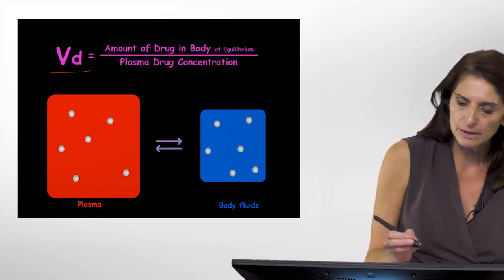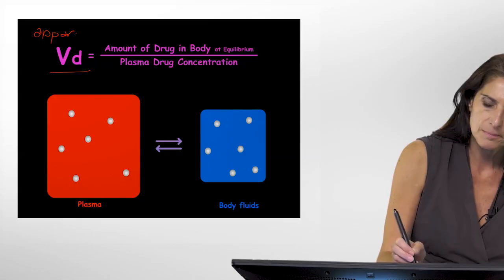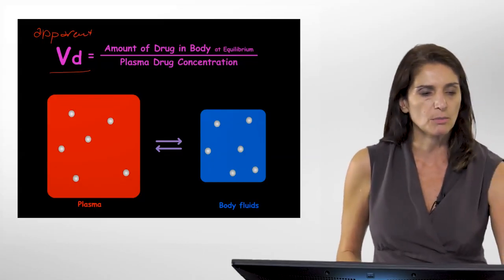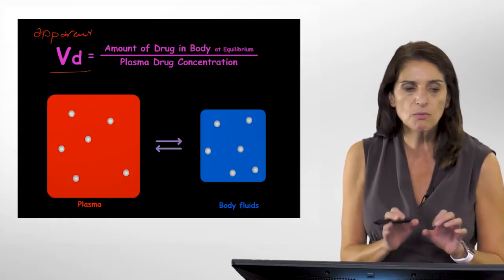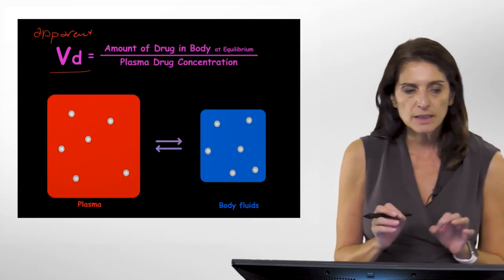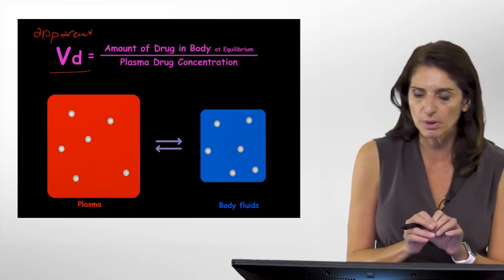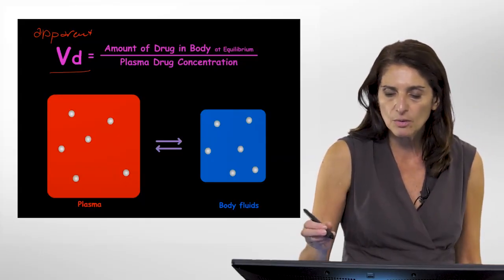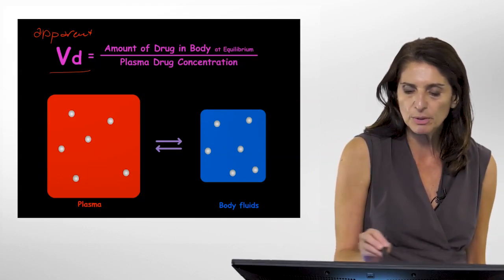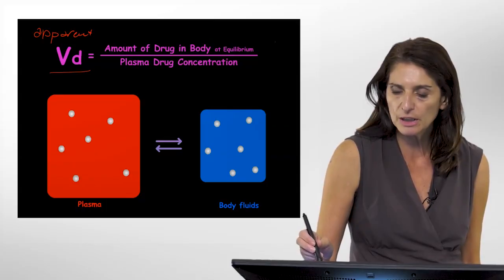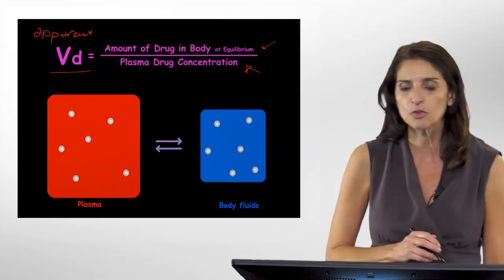And this is actually the apparent volume of distribution. In general, VD is the volume of water necessary to hold the administered drug at a measured concentration in the blood, right? And so what we have is given by the ratio of the amount of drug in the body at equilibrium over the plasma concentration.